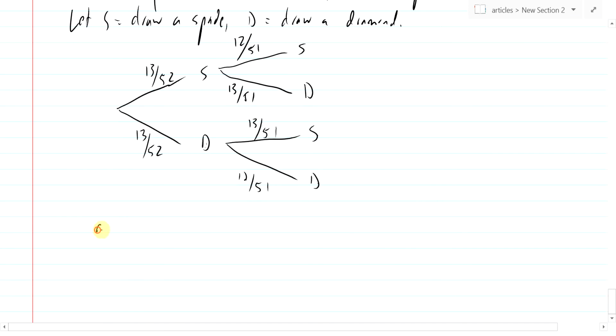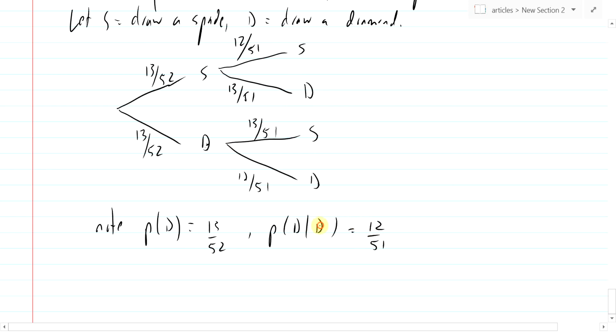So let's note, the probability of drawing a diamond on the first draw, that's the 13 over 52. Probability of drawing a diamond given that you've already drawn a diamond, right? So given that we've already drawn a diamond, what's the probability that we get the second diamond? That's 12 over 51.